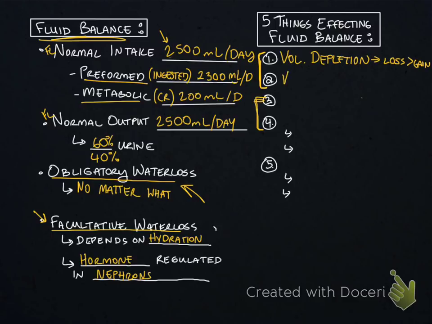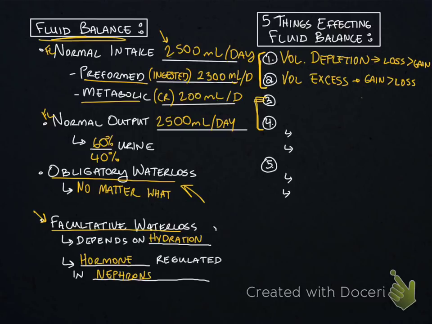Now the next one's called volume excess. It's sort of the opposite of this. It's where fluid gain is greater than fluid loss. Okay? Could we think of something where this might happen? So if volume depletion could result from hyposecretion of aldosterone, this could result from hypersecretion of aldosterone, right?